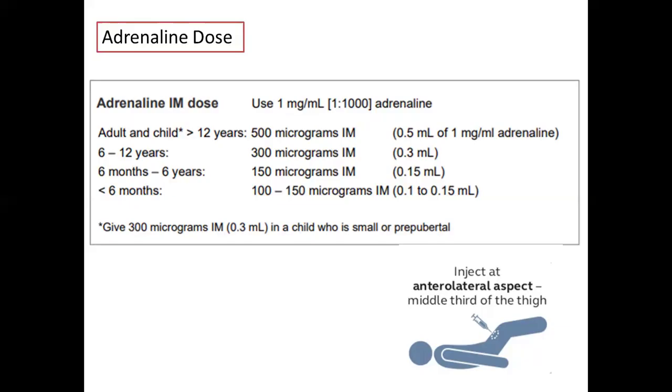No harm, but that is not going to work. That is the idea. For 6 to 12 years, give 0.3 ml; 6 months to 6 years, 0.15 ml; less than 6 months, 100 to 150 mics. This is from the UK resuscitation guideline website.